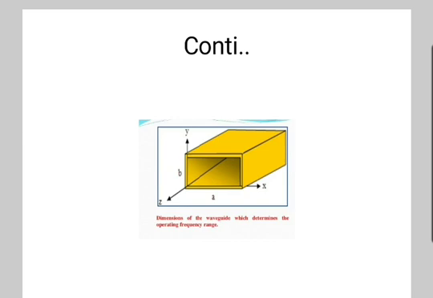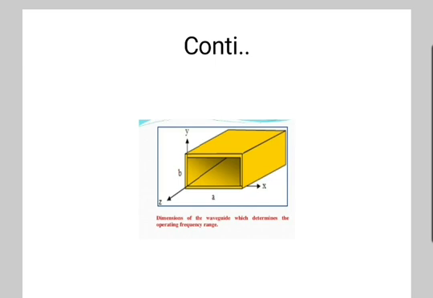Now guide wavelength is one more concept, that is lambda g. Guide wavelength, lambda g, is defined as the distance covered by the wave in order to undergo a phase shift of 2 pi radian or 360 degree.